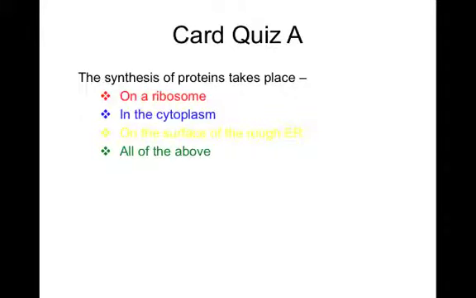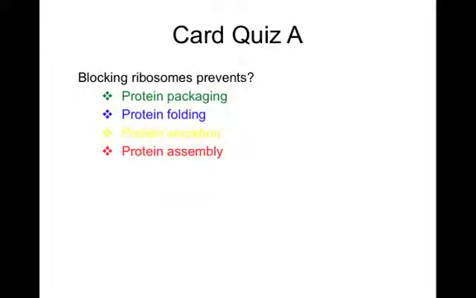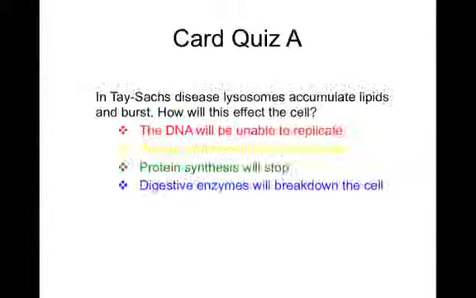The synthesis of proteins takes place and blocking ribosomes would prevent. In Tay-Sachs disease, lysosomes accumulate lipids and burst. How will this affect the cell?